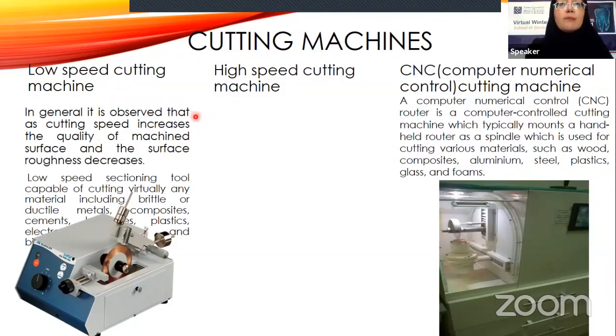But sometimes for some samples, maybe we need high speed cutting machines to save our time. And also, in some cases, the low speed cutting machines cannot cut the samples. For example, for metallic samples, maybe the high speed cutting machine is preferable over the low speed one.